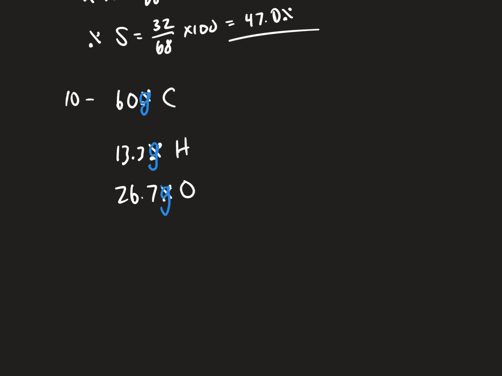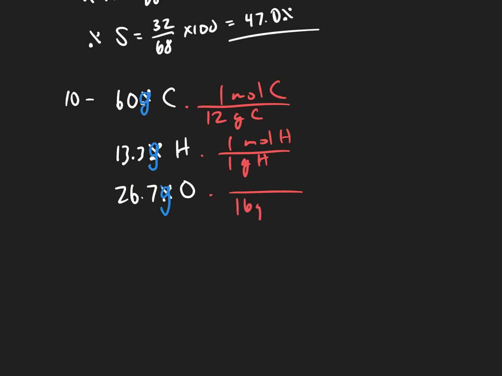All right, now we got to do what? Yeah, convert to moles by dividing by the molar mass. That's right. 12 grams of carbon to 1 mole of carbon. 1 gram of hydrogen to 1 mole of hydrogen.